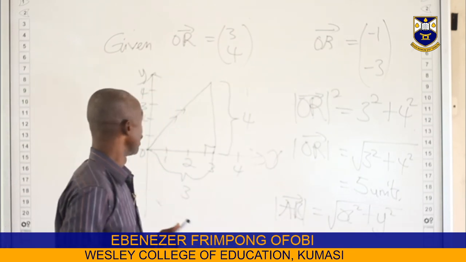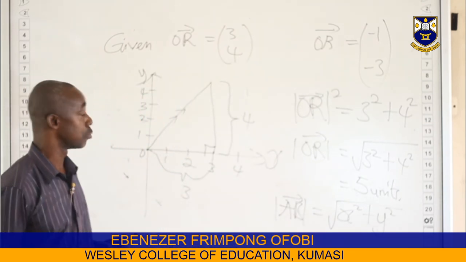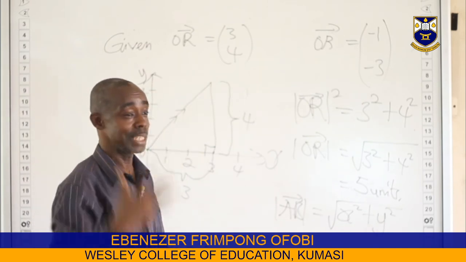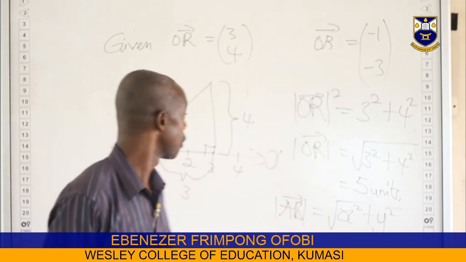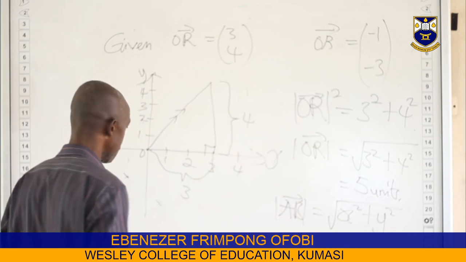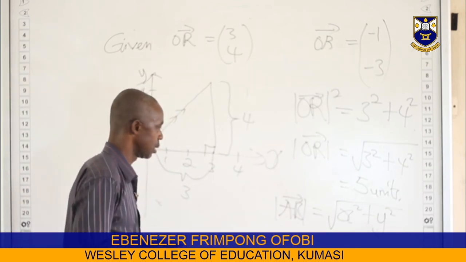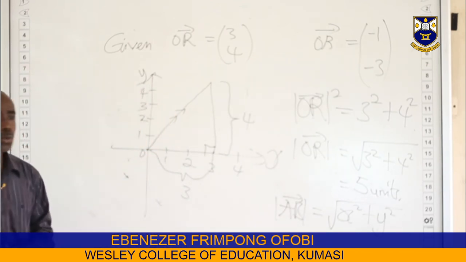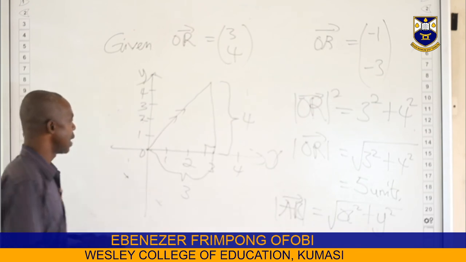So if you are given any vector, this is what you do. You just take the components, square them, sum them up, and take the root of it. I hope you are clear with this point.